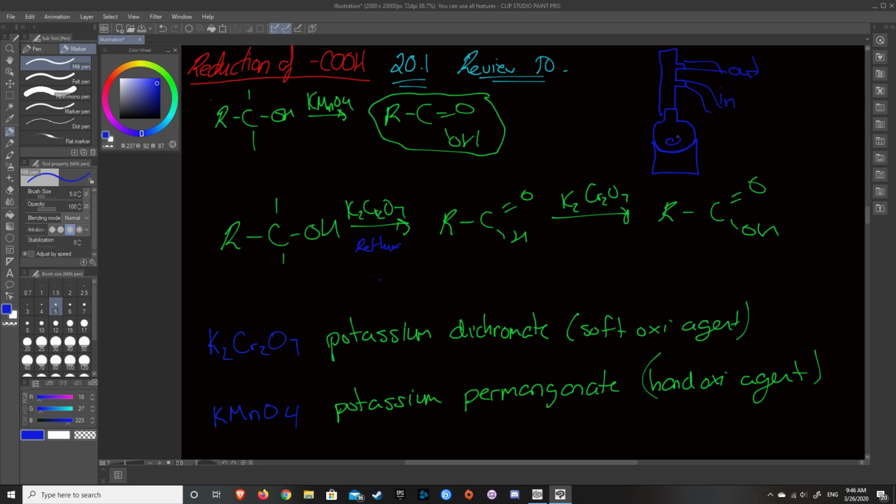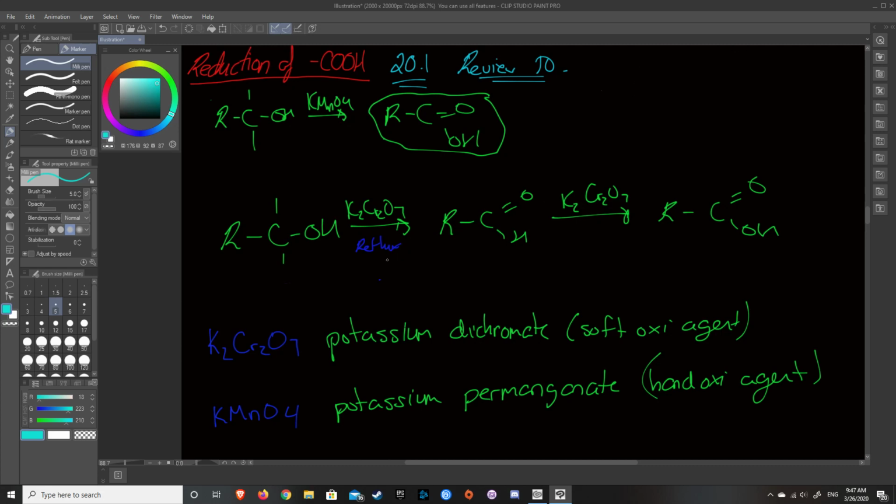As this starts to boil, you want to leave it at its boiling point for a long period of time. As this boils, the vapors go up, condense, and drop back down into the solution. Then they boil again, go up again, condense, and drop back down. So you can keep it at its boiling point for a longer period of time without losing any of the solvents. That's what reflux is.